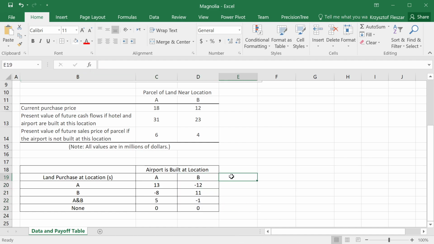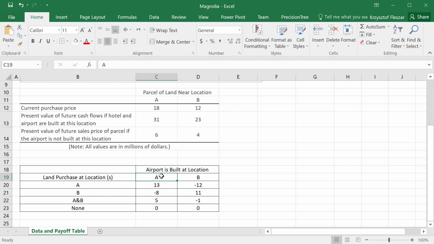So this table summarizes our options. The decisions are here in rows. There are 4 alternatives you have to choose from: A, B, A and B, or none. And the chance that will affect us is where the airport will be built, at location A or at location B. Both of those will affect what value we get.